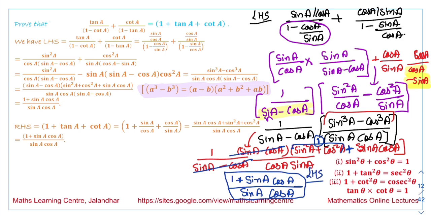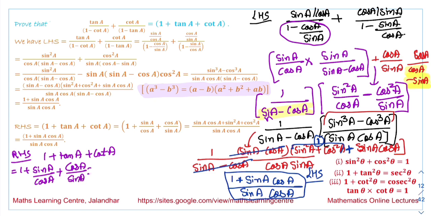Now we are solving the right hand side, the RHS part. In the RHS part we have 1 plus tan A plus cot A. This we can write as 1 plus sin A over cos A plus cos A over sin A. If we take the LCM, we get sin A cos A, and the value is sin A cos A plus sin square A plus cos square A. Sin square A plus cos square A is 1.